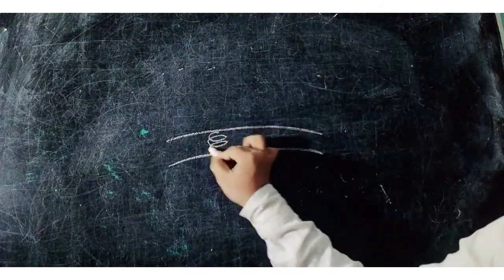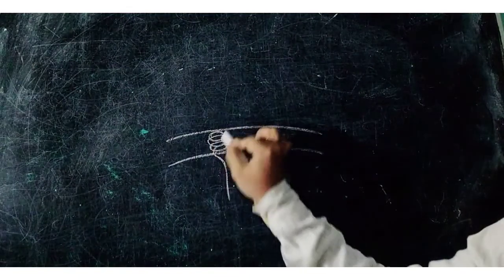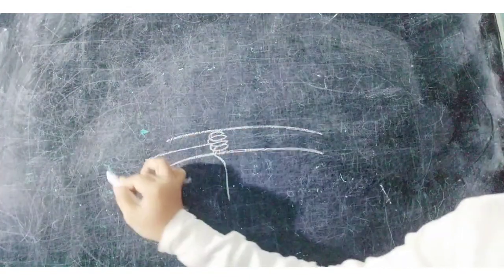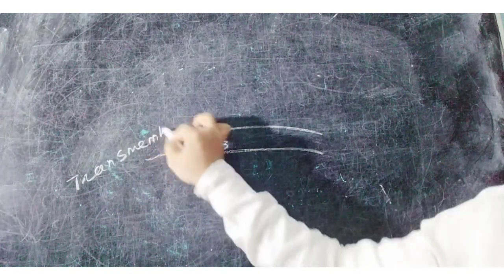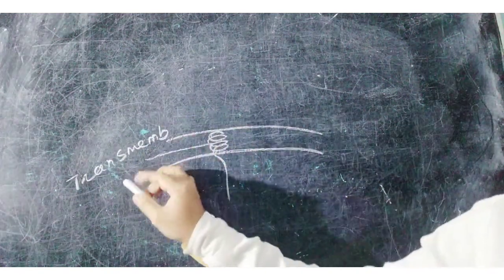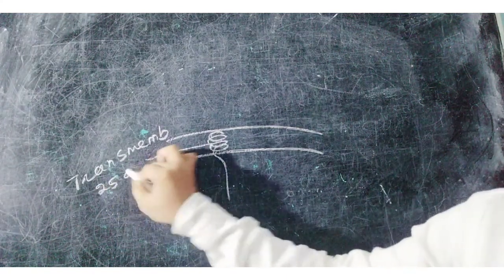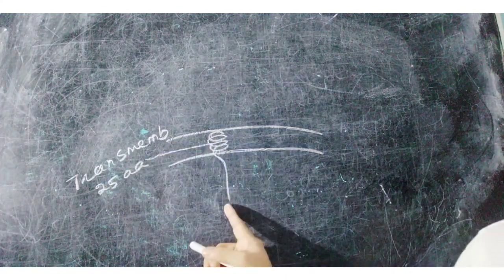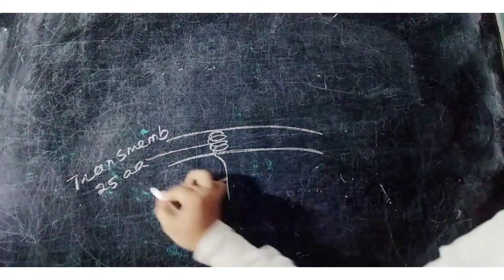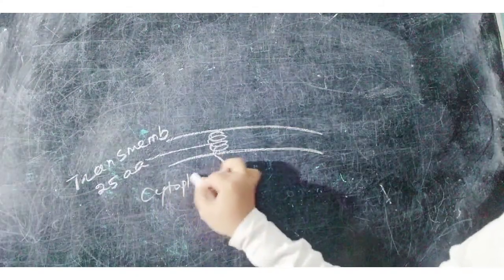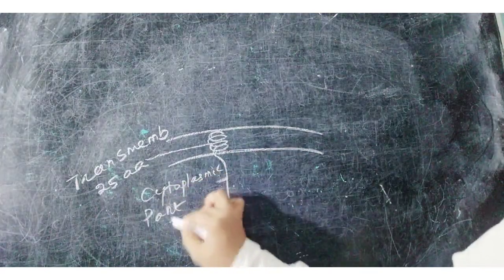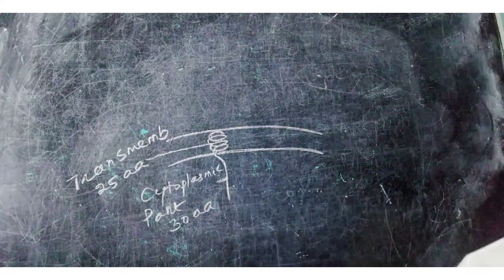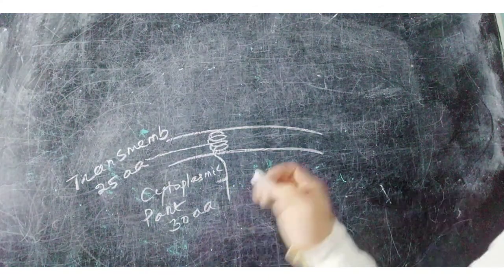The alpha chain consists of a transmembrane part present within the membrane, consisting of 25 hydrophobic amino acids. This is the short cytoplasmic tail, consisting of 30 amino acids which are hydrophilic in nature.